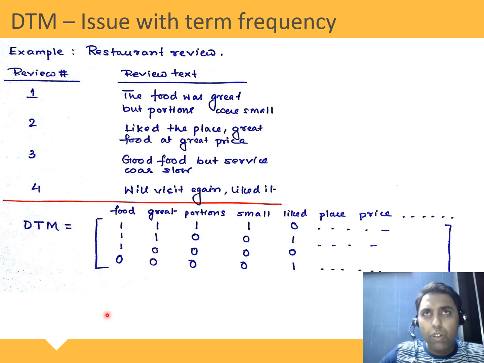That is perhaps not desirable, because the term food here doesn't help us distinguish one review from another. It's a context word, a domain word. We know that it's food which is being talked about, so what is being said about the food is more important. Giving food a high score across all the documents doesn't serve the purpose.